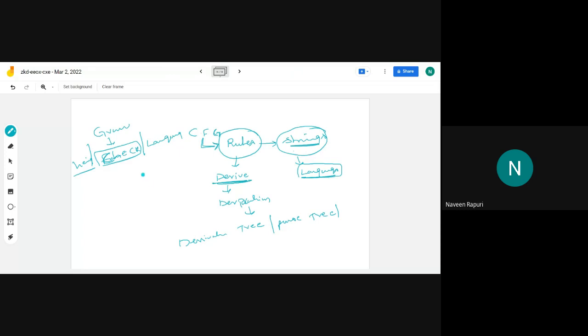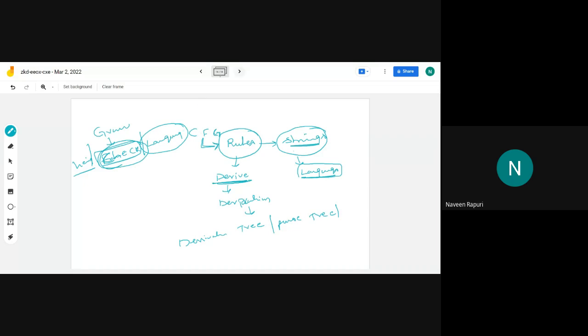You can check whether the given string is accepted or not, or what is the language accepted by the given grammar.